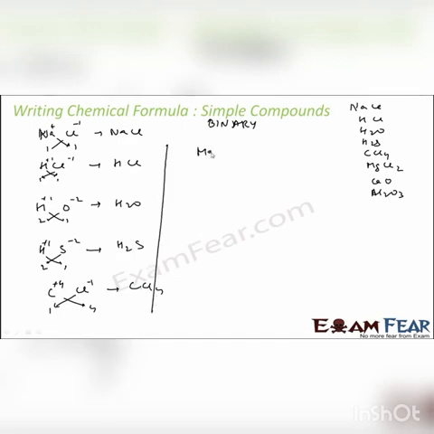Let's try for others. MgCl2. Magnesium charge is 2, chlorine charge is 1. You get 1 here, you get 2 here, you get MgCl2. Calcium oxide, calcium charge is plus 2, this is minus 2, this is 2, this is 2. This becomes Ca2O2. 2 we can actually cancel, it becomes CaO.